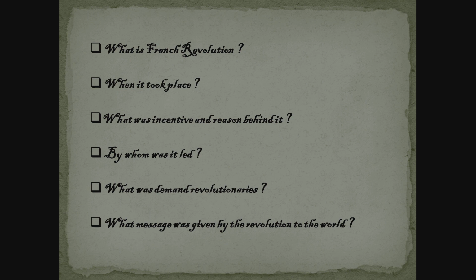What was the demand of the revolutionaries? Why did they make this revolution and kill many people? What message did the revolution give to the world? Keep all these questions in mind. Ask these questions to yourself first and check how much knowledge you have about this revolution. Once you know what percentage of knowledge you have, you will understand this lesson better. So let's begin the lesson.